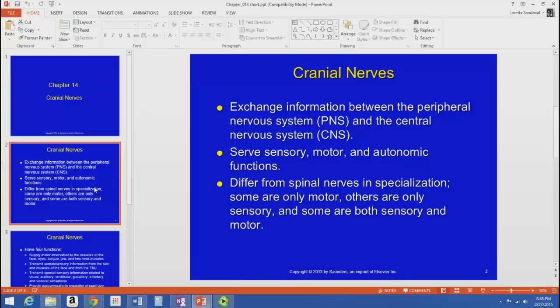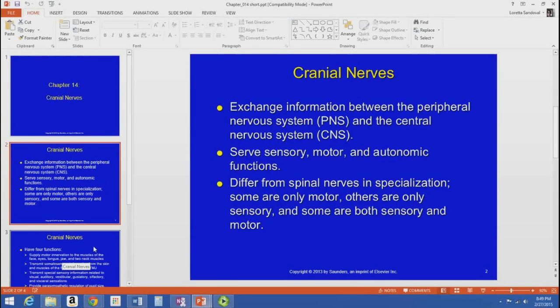For example, cranial nerve number 1 is the olfactory nerve. Its function is smell, and it connects to the inferior frontal lobe. So that's all you have to know. There's a list of the 12 of them. In the module there is a link to the cranial nerve quizzer, which is really a nice way to study for the exam.